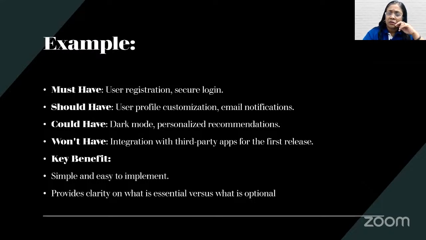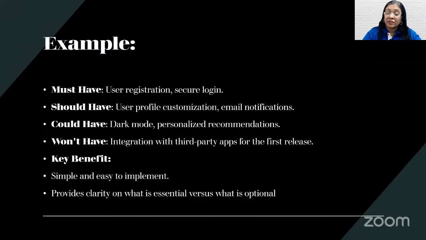Registering and creating your account on the portal is a must have, without which you will not have people coming to the portal, right? Once the registration is done, the person should be able to log in and access his account. So both are must have. Should have is profile customization. You want to customize your profile using XYZ things. That is also required, but it's not so critical. Again, email notifications are not so critical.